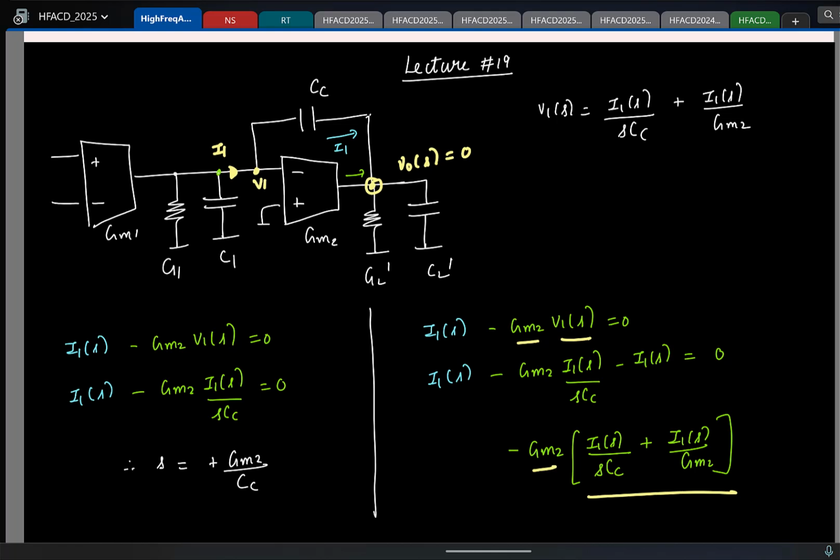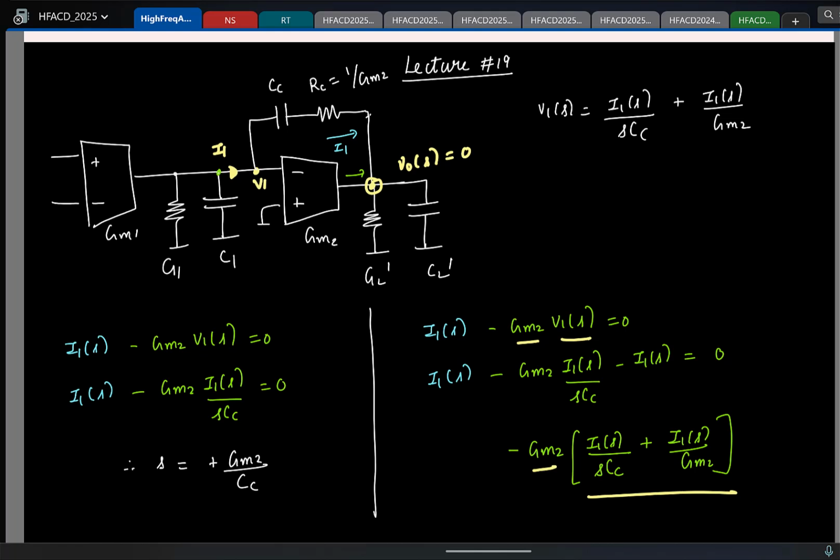So what should I change here so that my V1 is obtained as this? Series or parallel? Series. Sum of the two voltages, you put two voltages in series to add them up. So all I'll do is the following. In addition to the capacitor, I'll add a resistor. I'll call it RC, and this value should be equal to 1 by GM2. Okay.